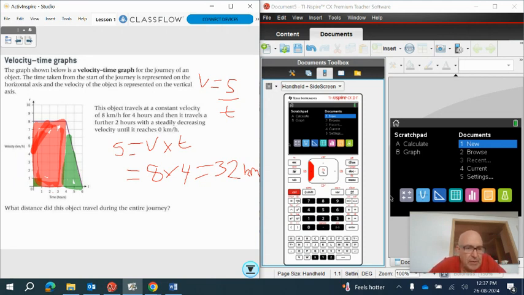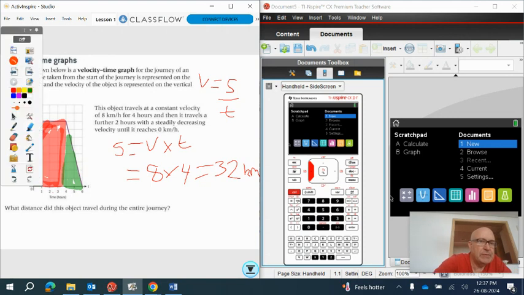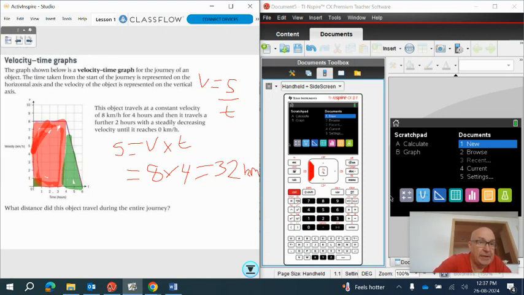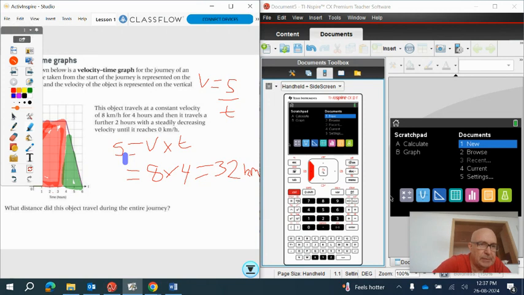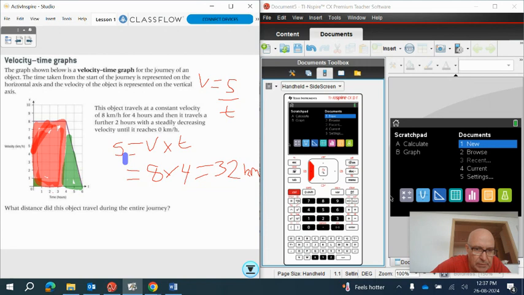So we've got a triangle there which is 8 high again, and it has a base of 2. The area of a triangle is going to be, let me switch to my pen, the area of that triangle, the second distance, is going to be a half times 8 times 2, which is going to be 8 kilometers.